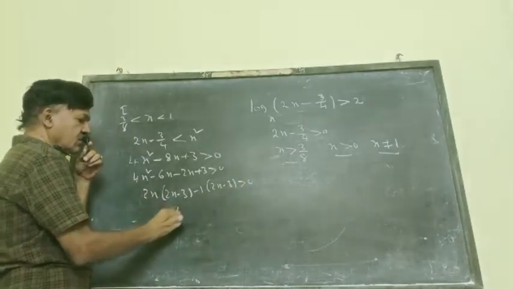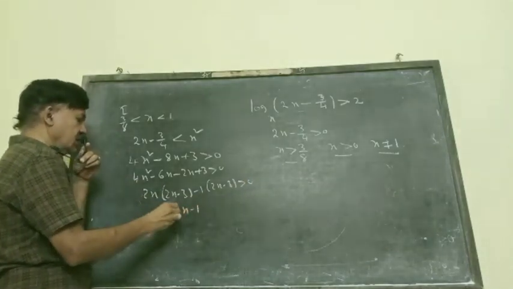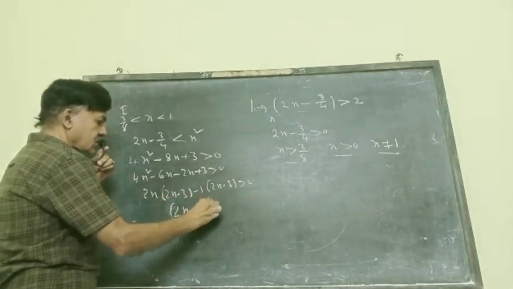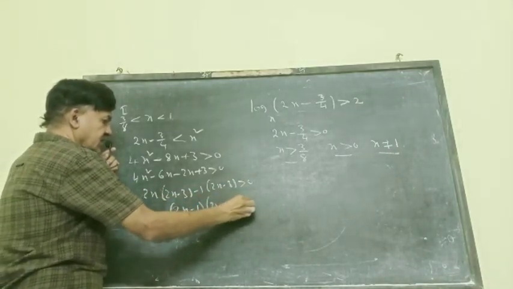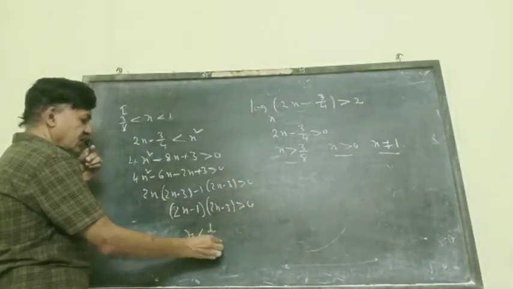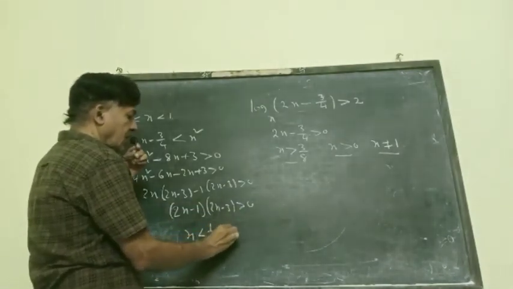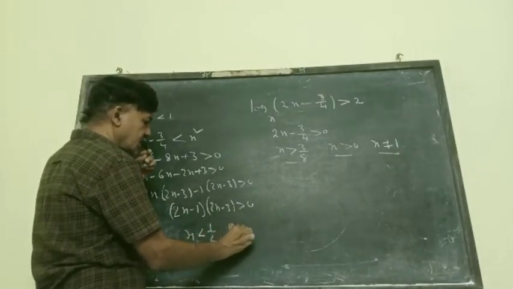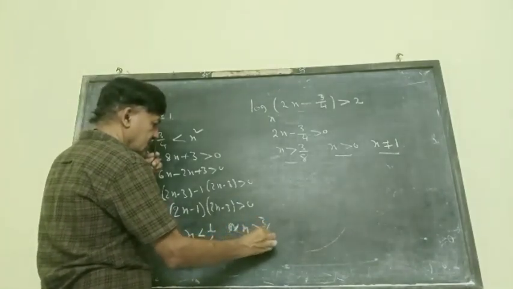So finally (2x - 1) into (2x - 3) greater than 0. So x is what? Less than 1/2 or x is greater than 3/2.